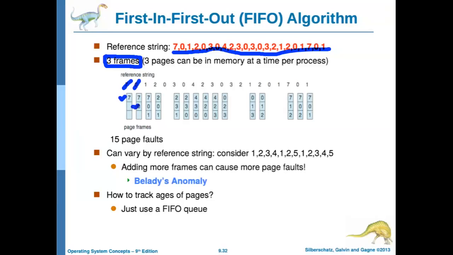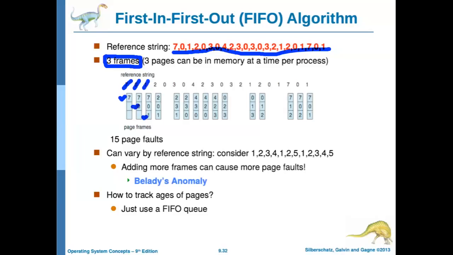The same thing happens here for page number 1. It is also not available because only 7 and 0 are available and 1 is not. So 1 is loaded here. So the number of page faults that have occurred till now is 3.